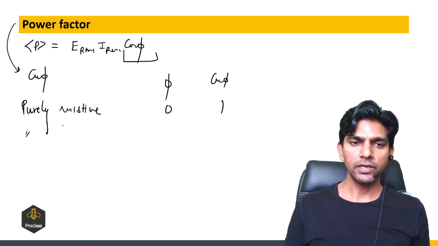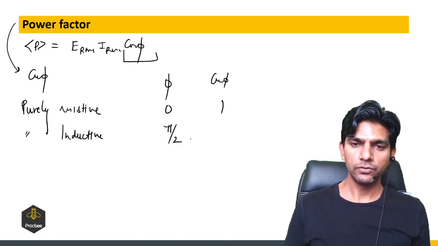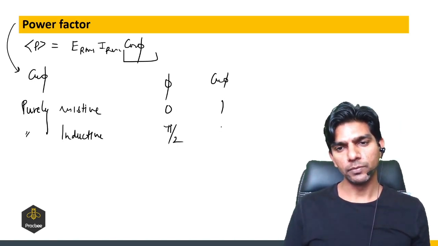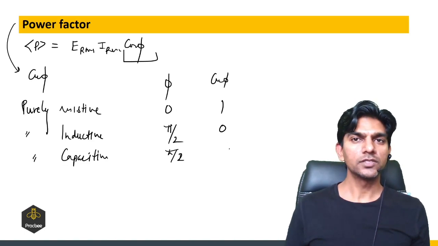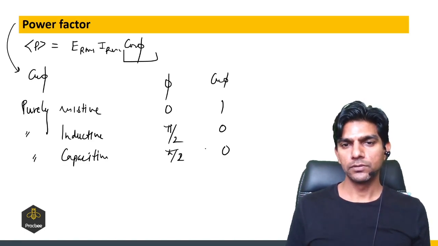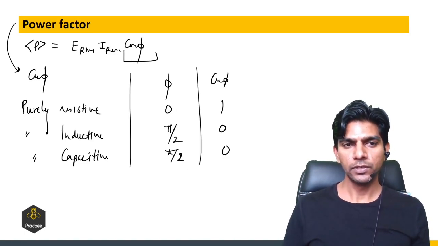In case of a purely inductive circuit, phi is pi by 2, so cos pi by 2 will be 0. In case of purely capacitive, it is pi by 2, so cos pi by 2 will be 0. So you should remember these values.